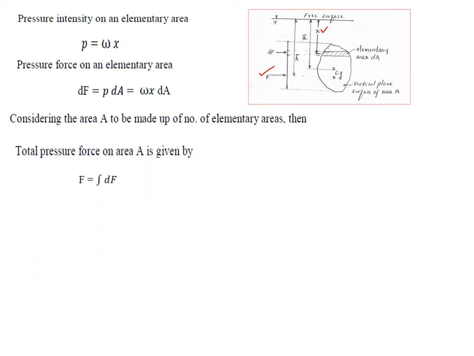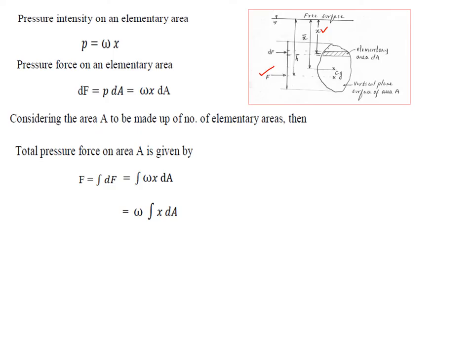Therefore it is a summation. When you take the integral of omega x dA, only the specific weight can be taken out of the integral, because x is a variable quantity. Therefore x is inside the integral. Now, in engineering mechanics you have studied: what is the integral of x dA? It is nothing but the area multiplied by the distance, so we get the moment.